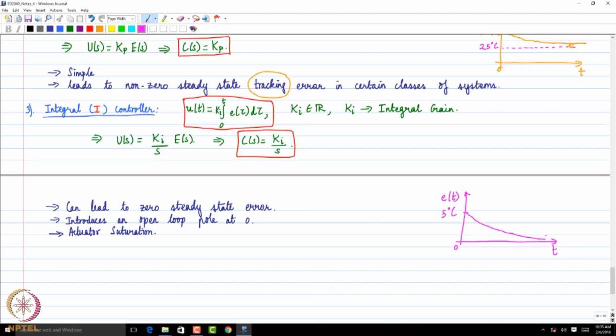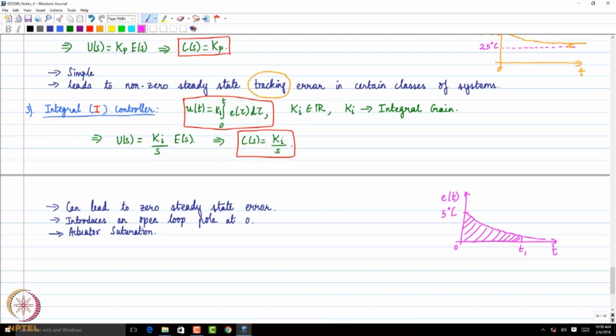Now what would integral control do? Let's say this is my current time t. Let me take an instant t1. What will be the control input calculated by the integral controller at time t equals t1? It will be the integral from 0 to t1 of e(tau) d tau, and graphically that would be the area.